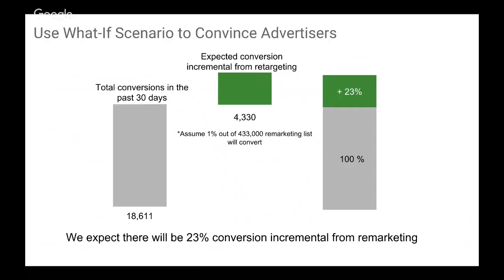Through that you'll be able to get X amount of conversions. So you will use this kind of analysis to convince your client that if they don't do this, they will lose quite a lot of conversion volume. This kind of what-if analysis will help your clients to identify that with audience targeting, they'll be able to get incremental conversions on top of what they currently have. And we find this quite convincing for quite a lot of advertisers.